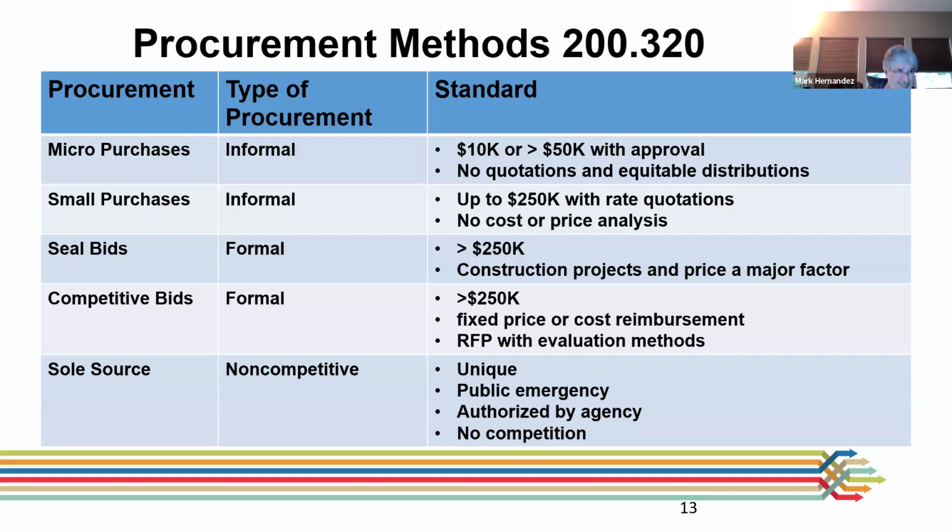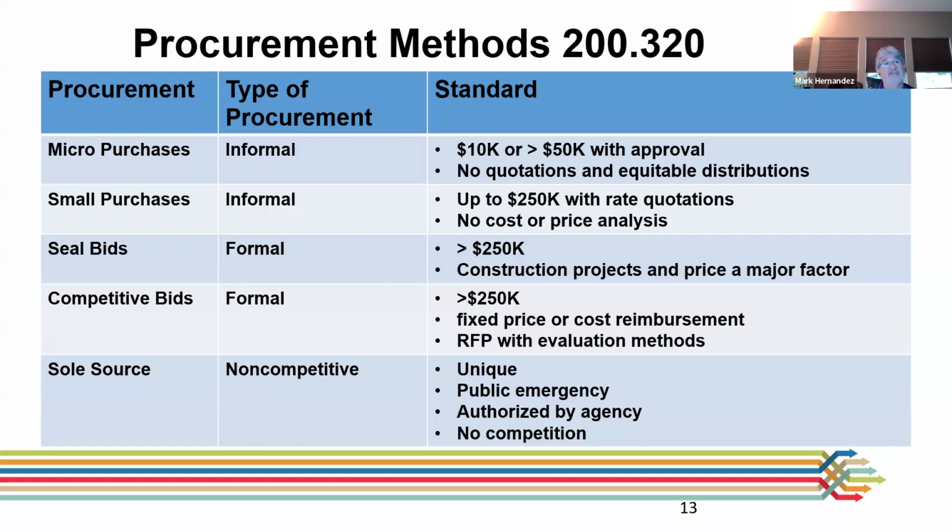Very rarely do I see the other, sealed bids. I doubt that you would see that unless you're doing a capital campaign, but most capital campaigns are with unrestricted funds, so you really wouldn't need to do that in that situation. The only way I could see that happening is, let's say, with the HUD money, that you're going to do a transitional housing project or something, and it's now greater than $250,000.